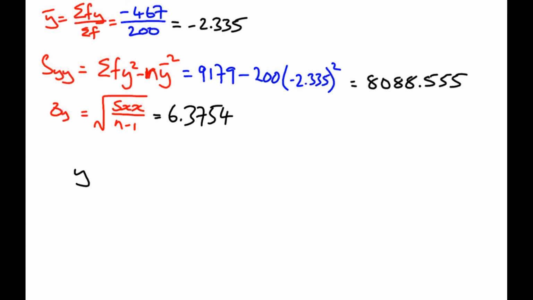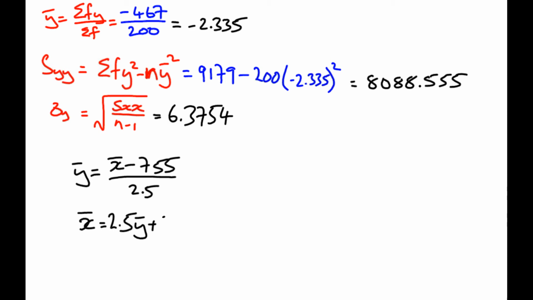Okay, so according to the coding, Y bar equals X bar minus 755, all divided by 2.5. Rearrange this to make X bar the subject, and I'm going to get X bar equals 2.5 Y bar plus 755.